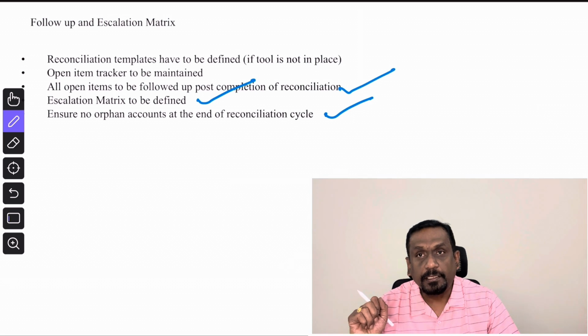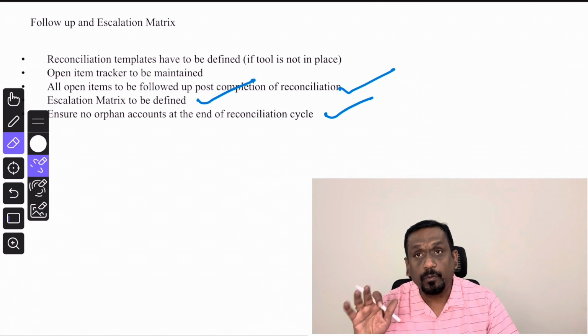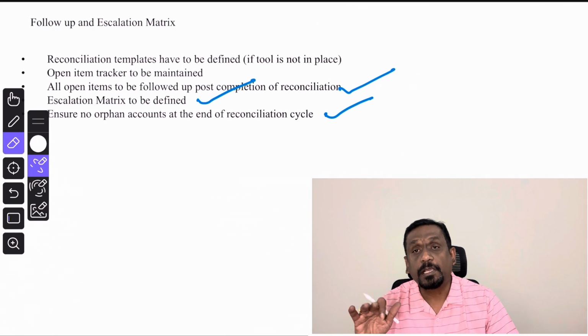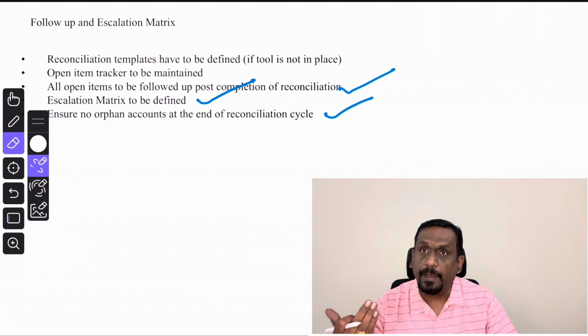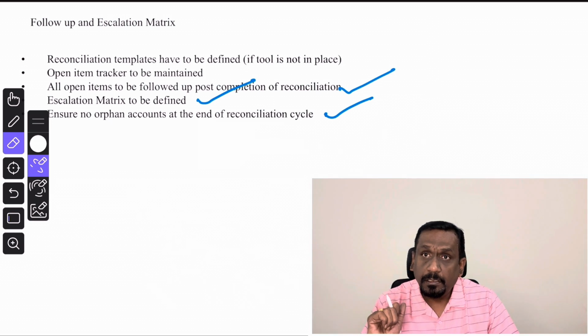What is the guarantee that in February you have only 100 accounts in the trial balance? What is the guarantee that in March you have only 100 accounts? What is the guarantee that in April you have the same 100 accounts? There could be some GL accounts that keep getting added and removed in the system, right? Master data. Some GL accounts can be added in master data, some GL accounts can be deleted as well, right?